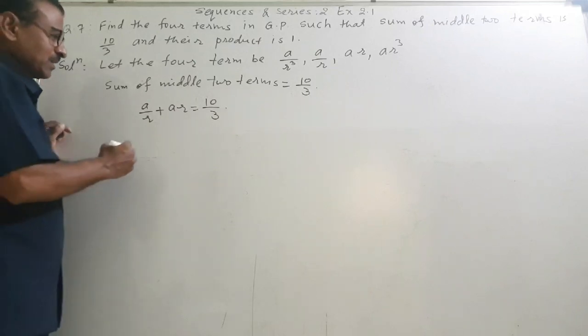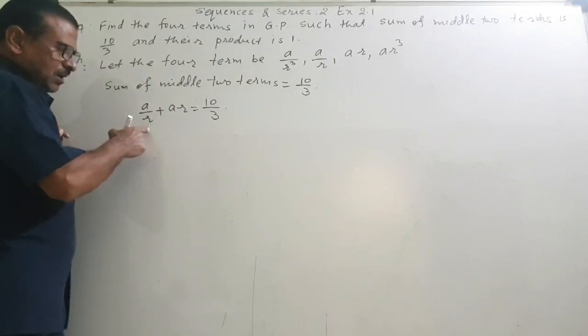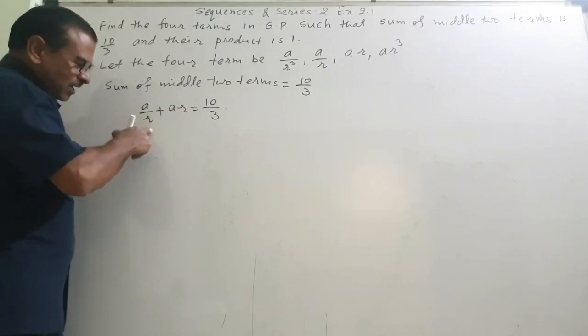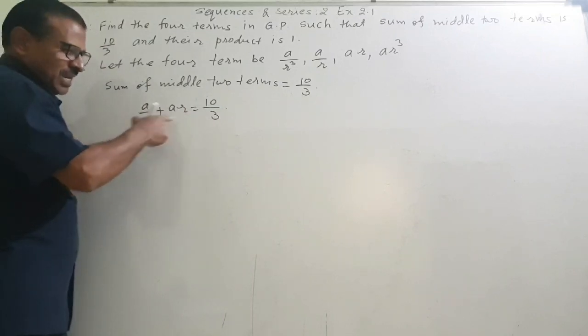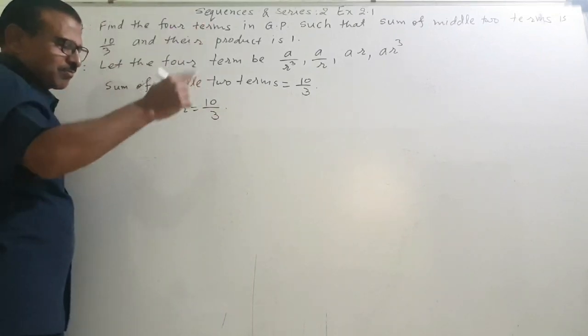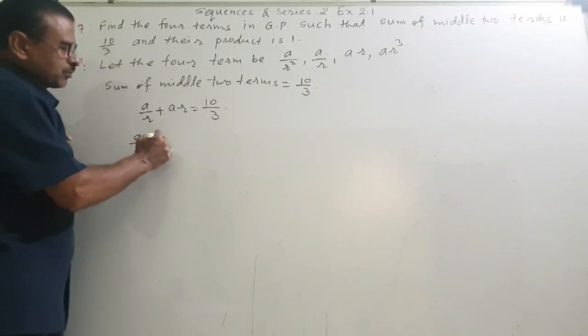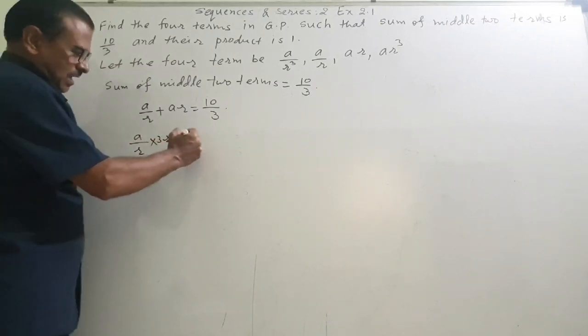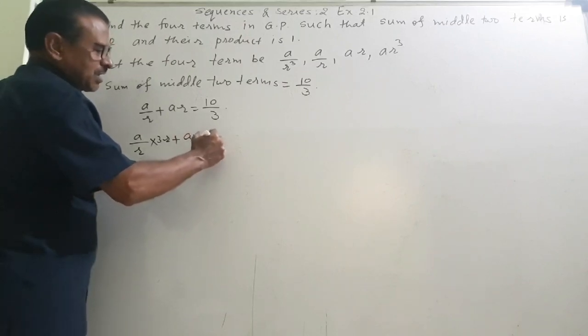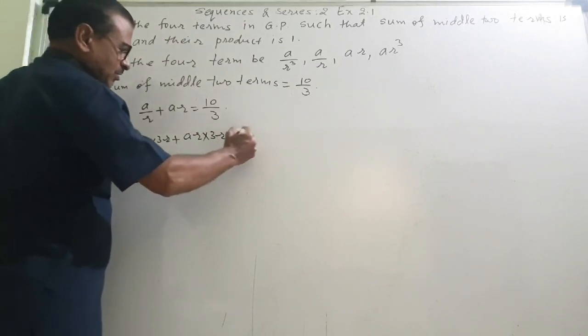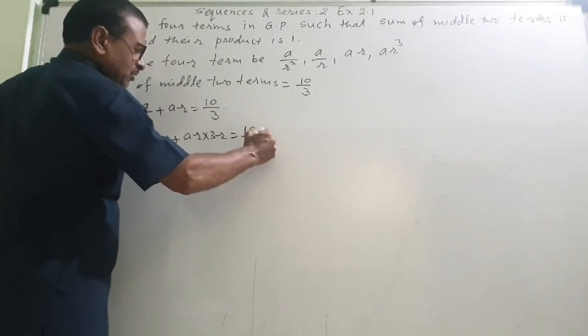Therefore, I will simplify this. How will I simplify? What is the LCM of the denominator? 3r. I will multiply each term by 3r. a upon r into 3r plus ar into 3r is equal to 10 upon 3 into 3r.